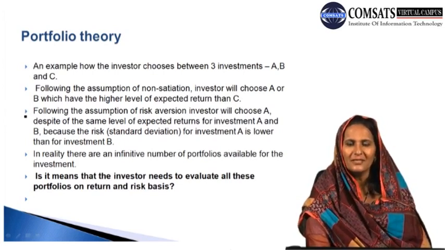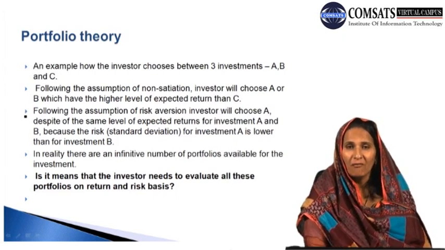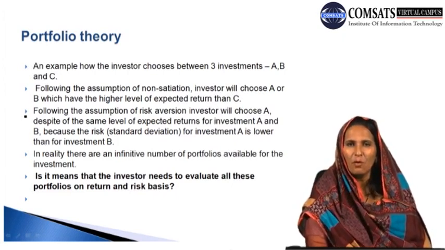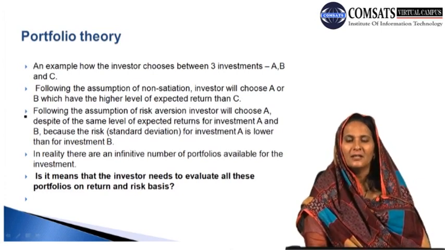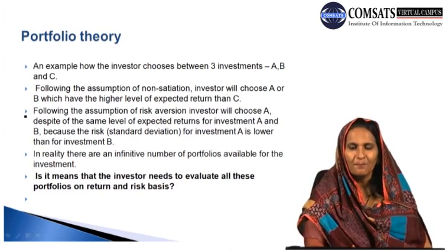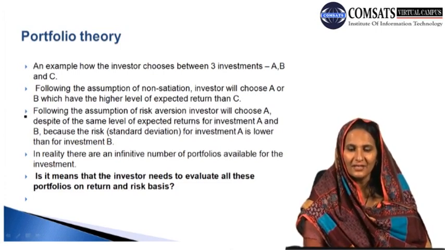Following the assumption of non-satiation, the investor will choose A or B, which have the highest level of expected rate of return. So we can see he will choose one of the assets which is giving more expected rate of return to the investor, following the non-satiation assumption of the choices. Then following the assumption of the risk aversion. What does the assumption of the risk aversion indicate?